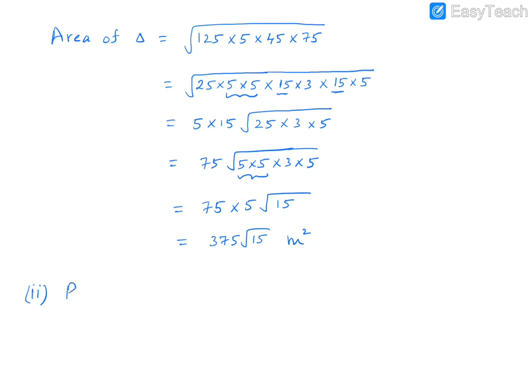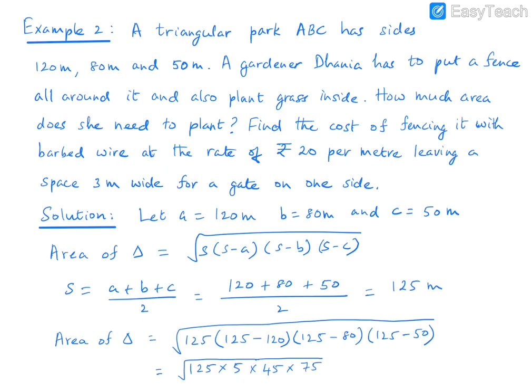So the second part is we first find the perimeter, which is A plus B plus C. So the values of the 3 sides of the triangle are 120 meters, 80 meters and 50 meters.